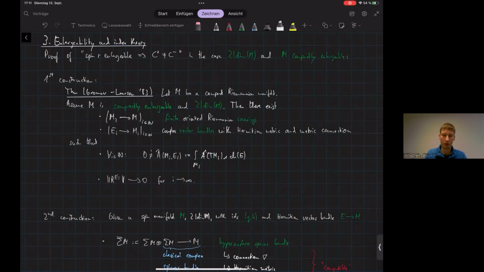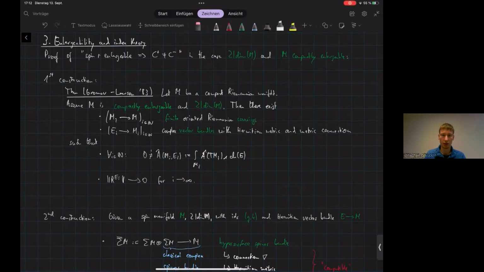But for the sake of brevity, I will only restrict to the case of compactly enlargeable manifolds, and I will restrict to the case where the dimension is even. In the odd case, you do a construction where you cross with a circle and then you use the statement in the even dimensional case.